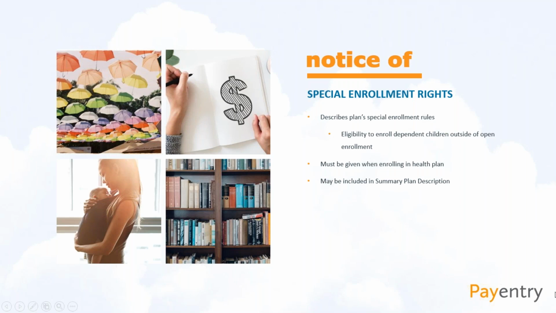Sometimes these notices, and I'll point these out, this one in particular will be included normally in that packet of information that you get from your health insurance carrier that tells you where you would get this information about special enrollment rights. So it's a notice that goes out each year during open enrollment.